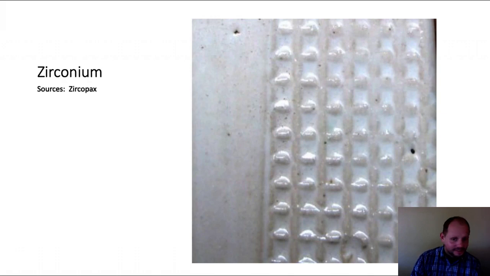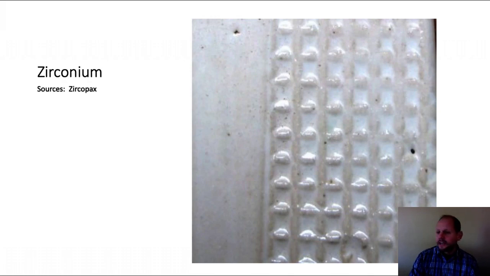However, Zircopax is cheap. So you can service the opacity of the glaze a lot cheaper as long as you keep it under levels of 8 to 10%. As long as you're under that, you won't change the nature of the glaze too much.